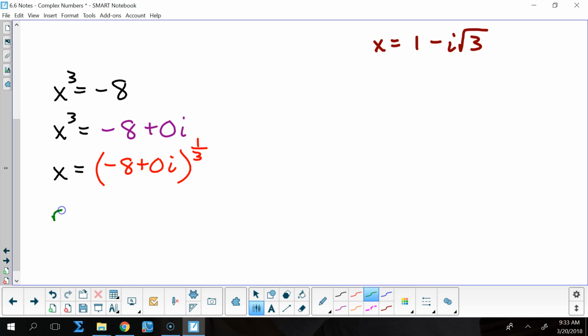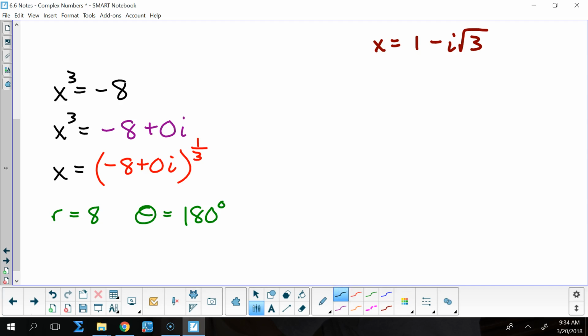What is the R value of that complex number? Eight, right? What is the theta value of that complex number? 180°. Now, you may be saying to yourself, well, how'd you come up with those so quickly?